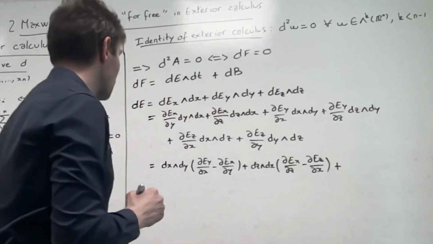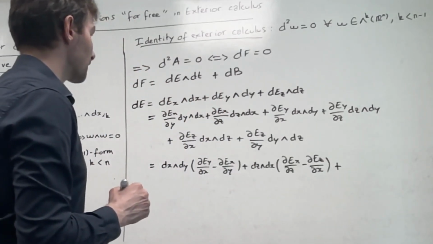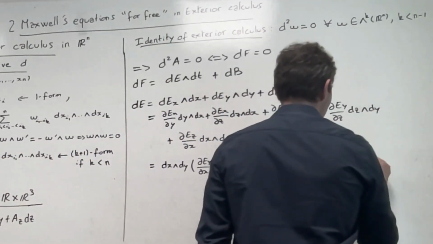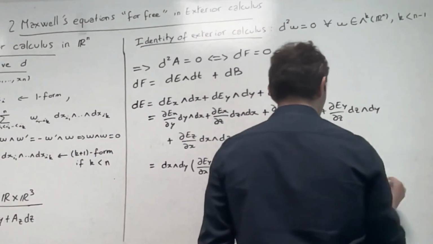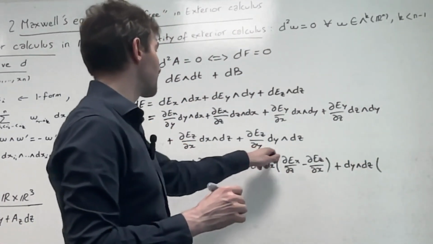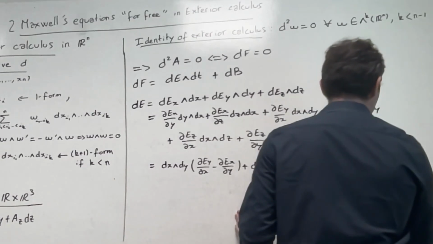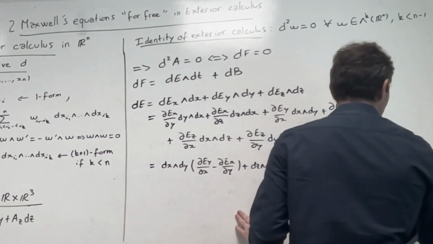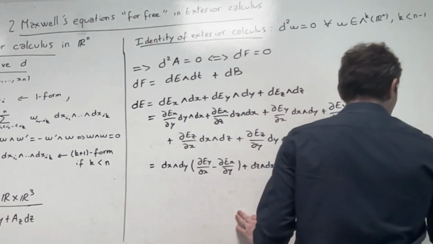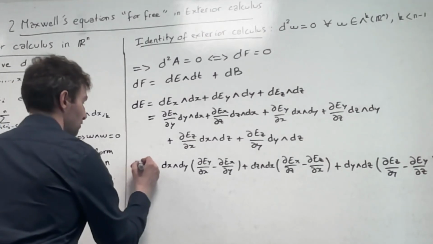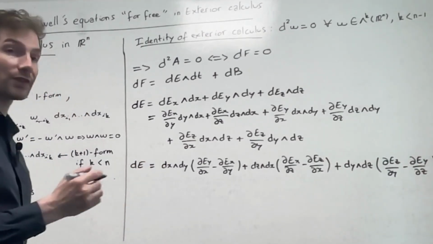And then the last one has to do with dy wedge dz: that's dEz/dy minus dEy/dz. Okay, so basically we've got now an expression for dE. So that's one thing done.